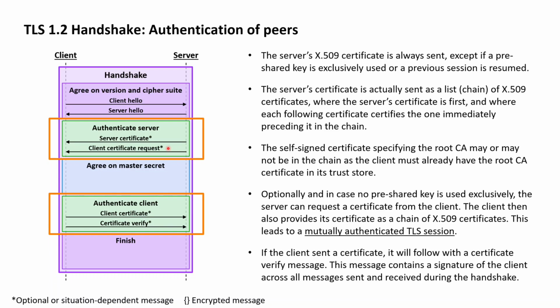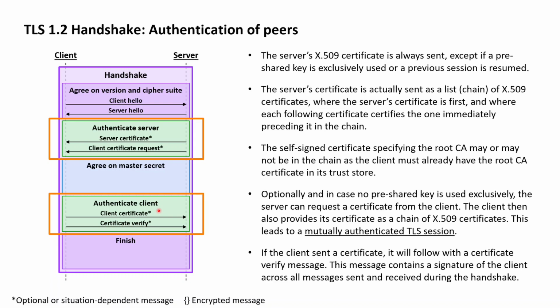If the verification succeeds, the handshake proceeds. Then, in case the server requested the client to also authenticate, the client will respond with its own X509 certificate that the client then also sends as a chain of X509 certificates to the server for verification.